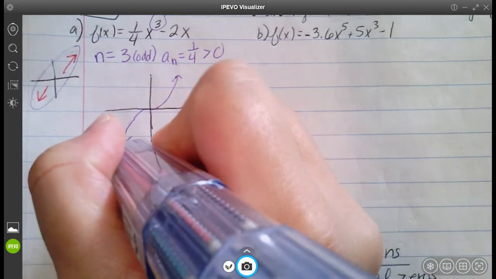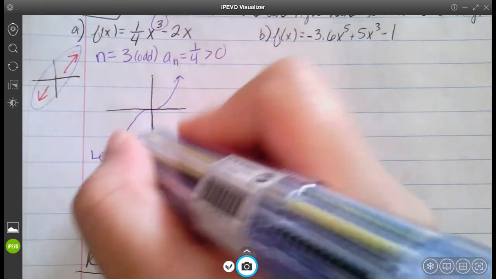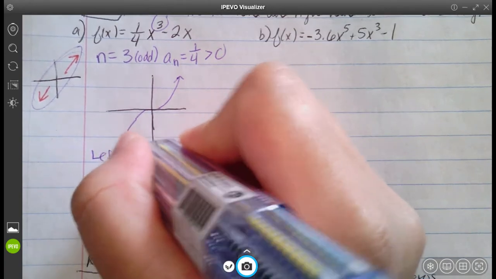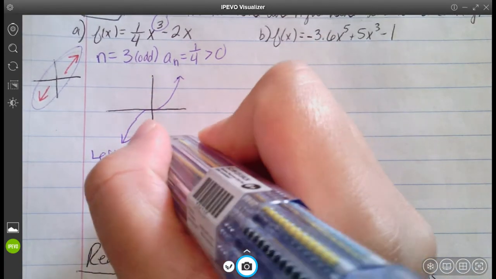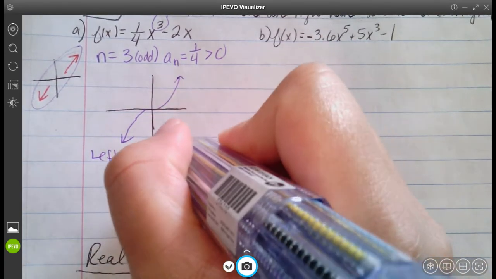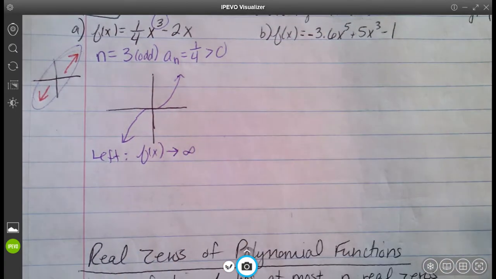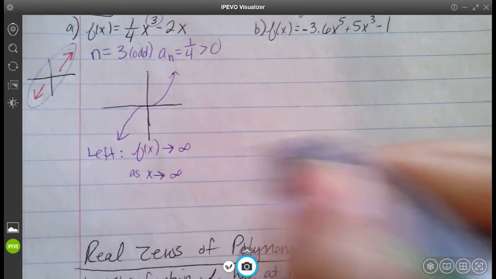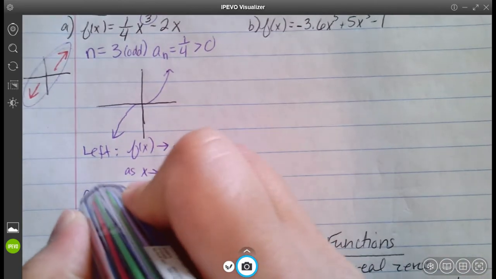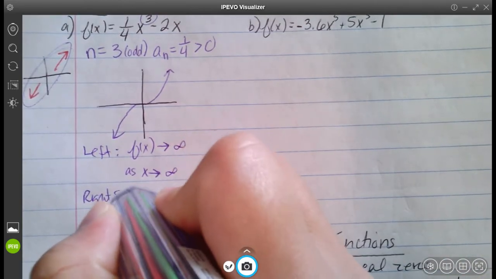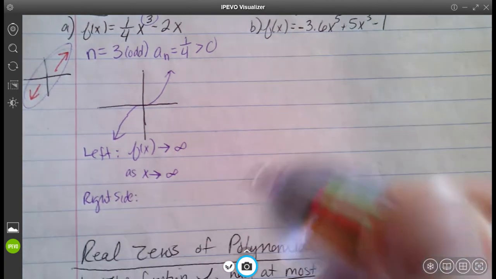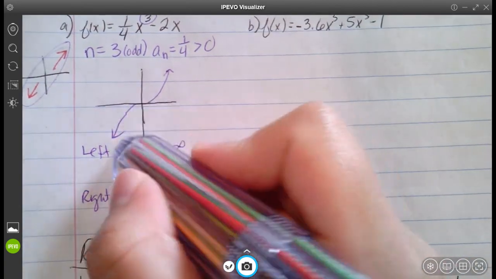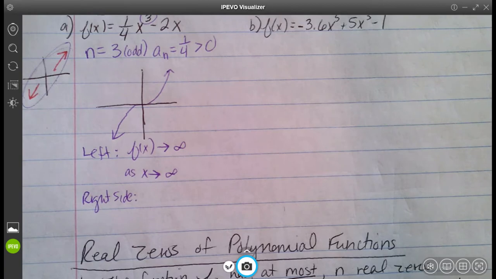So for my left, okay, I'm going to say f of x, remember that's the function, is going to infinity because it's going up, it's rising, as x approaches negative infinity. And for the right side, let me use a different color for that actually.